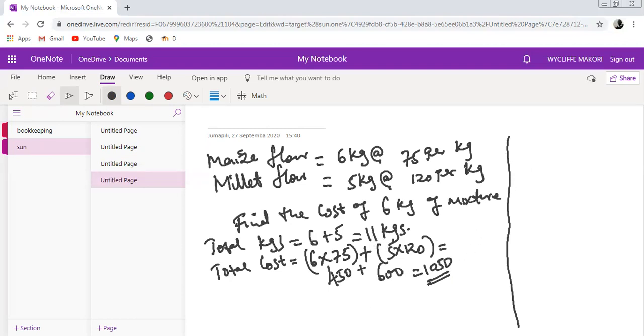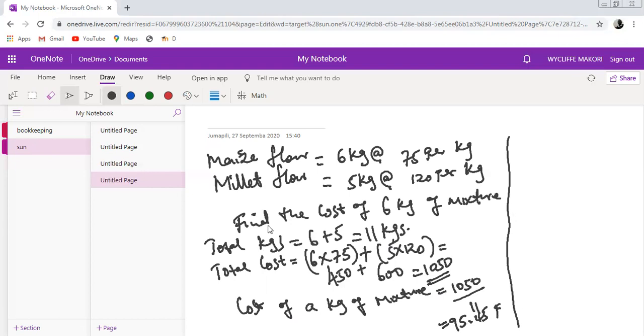So the cost of a kg of mixture is going to be 1050 over 11. 1050 divided by 11. We find that a kg of the mixture is 95.45 shillings.